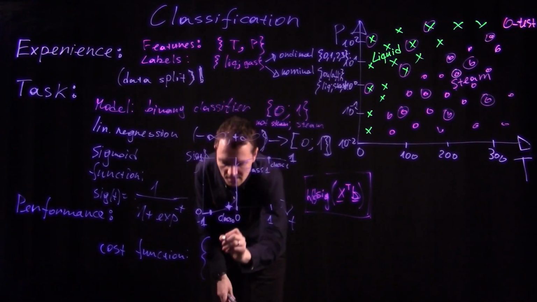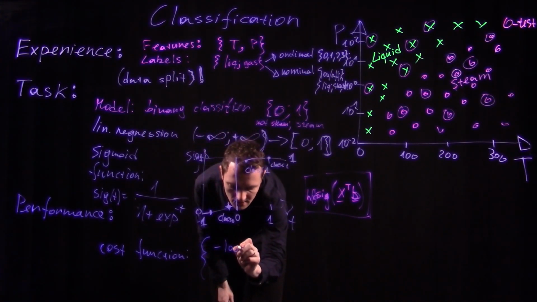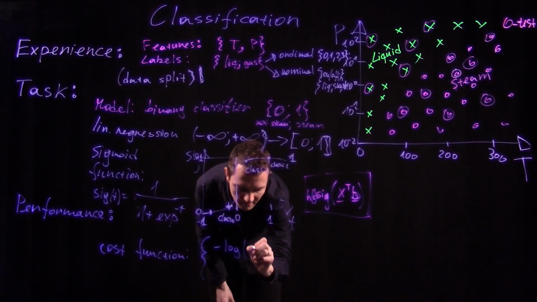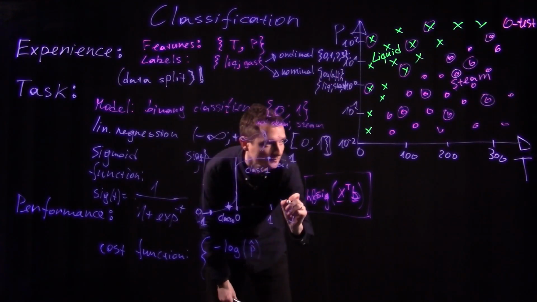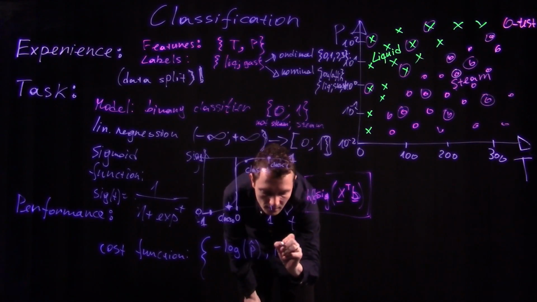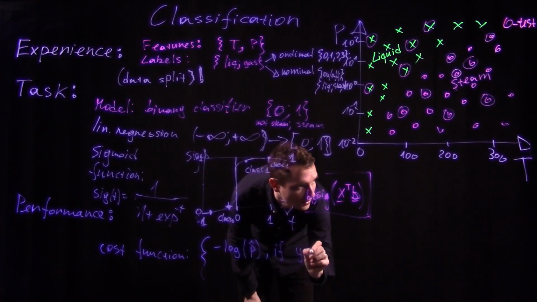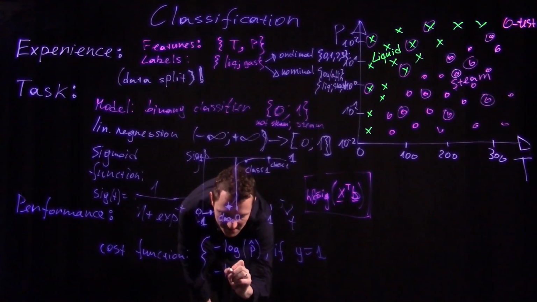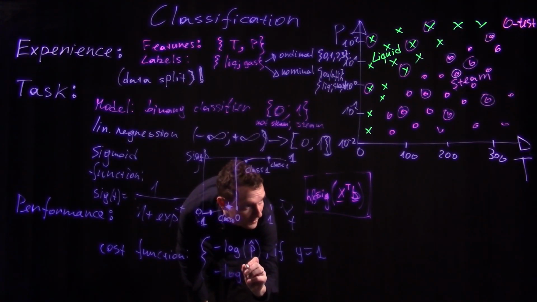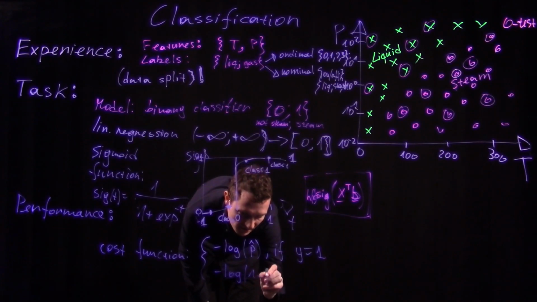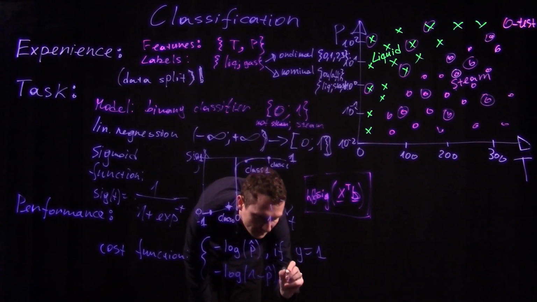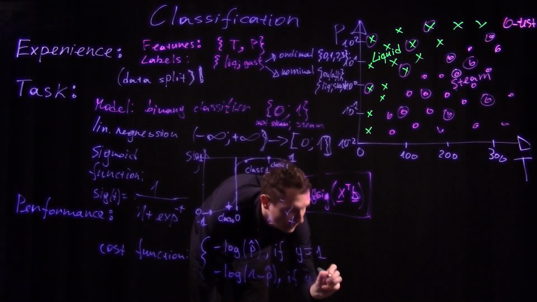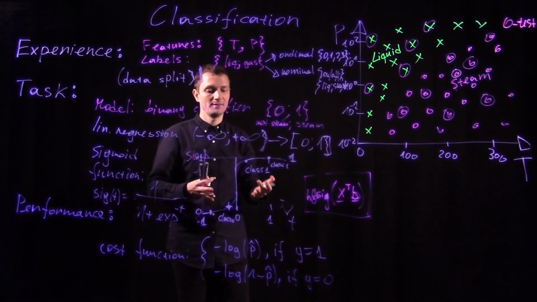So, if the label is 1, we can consider this as a metric for our classification. And if the label is 0, we can modify it a little bit. And now we discuss why we can use it.